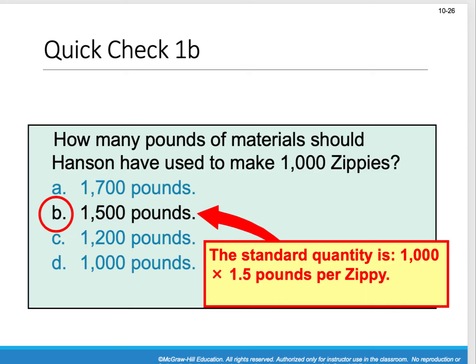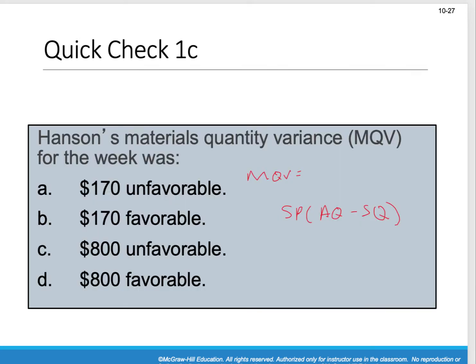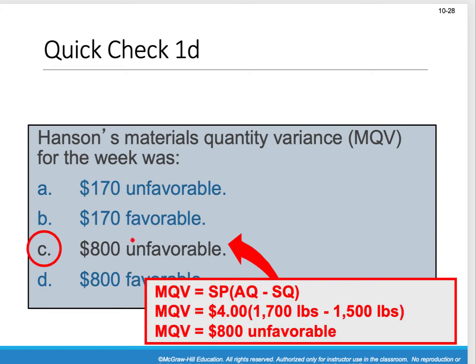So what we need to do next is just basically plug and chug, right? We know that the standard price should be $4. We multiply that by the difference between the actual quantity we used minus the standard quantity.